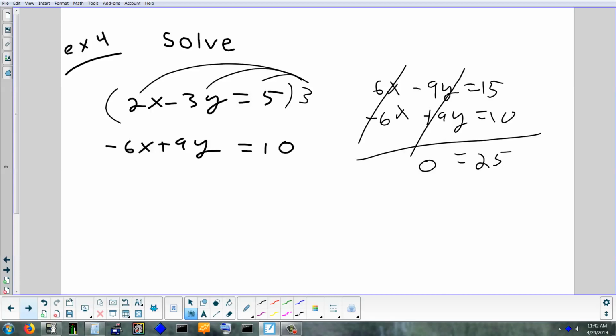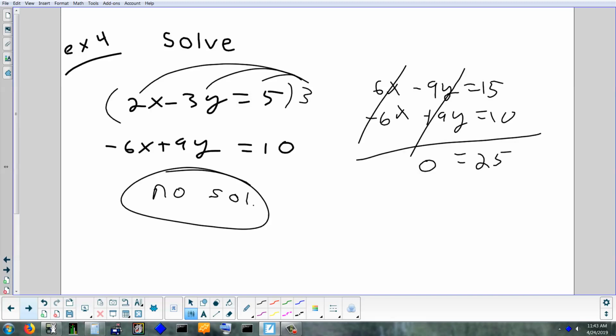This is false. Don't write false. But that's what that means. You ended up with a false statement, which means no solution. If you end up with a true statement, like 7 equals 7, then it would be an infinite amount of solutions, or you could write all real numbers. So that's a special case.